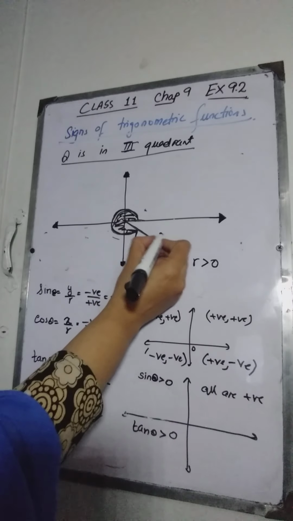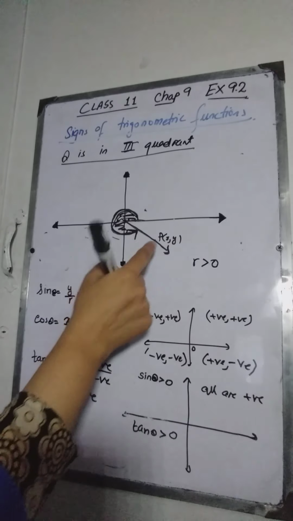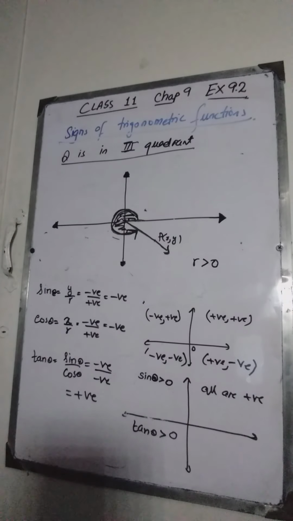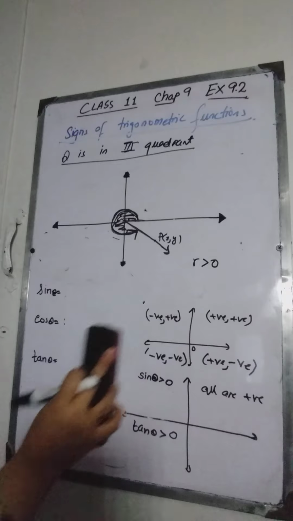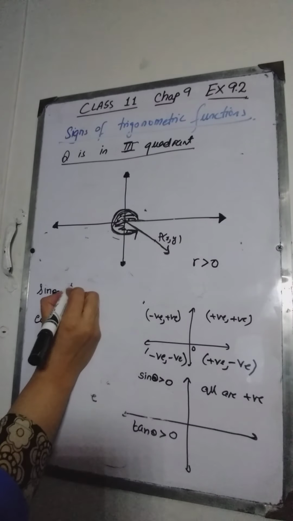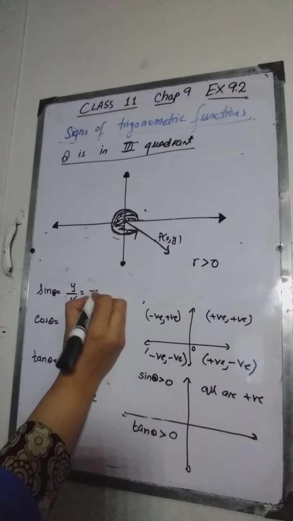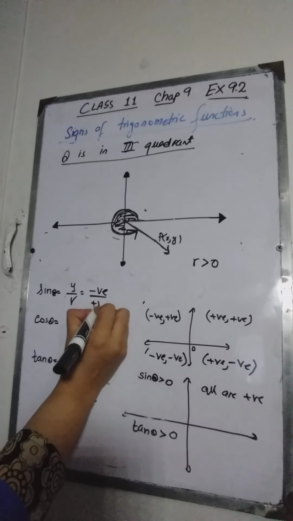Here again we are going to take the point P(x, y). We know that in the fourth quadrant x is positive and y is negative, so sine theta, which is y over r, is negative in this quadrant, because we have negative over positive.